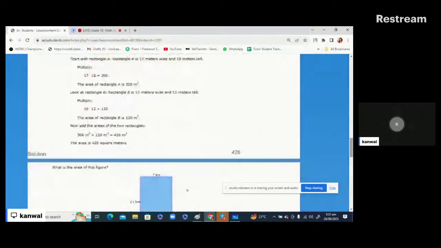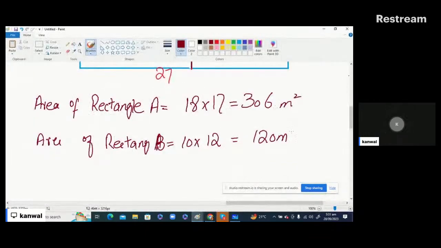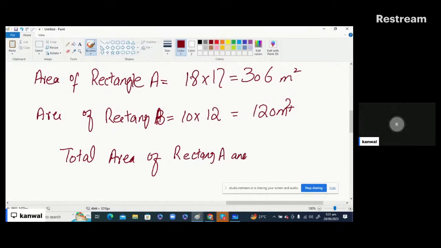Now look, and in the end we just need, yeah, this is also now in combined total area of rectangle A and B. Okay, rectangle A and B. How can we find? Add both the areas. 306 meter squares plus 120 meter squares in total.